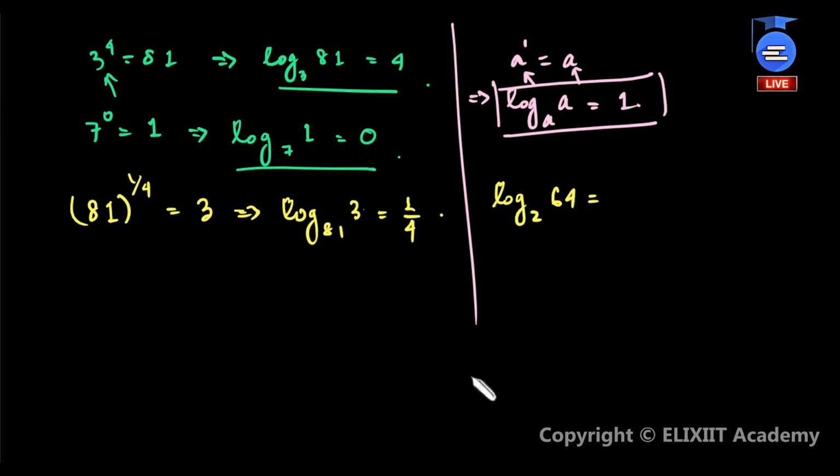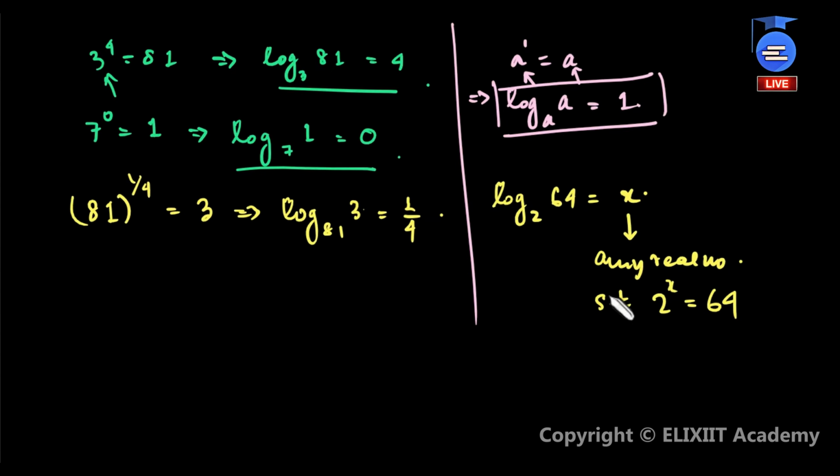So log 64 base 2 is basically some real number. Let's say log 64 base 2 is equal to x, where x is any real number such that 2 to the power x is equal to 64.